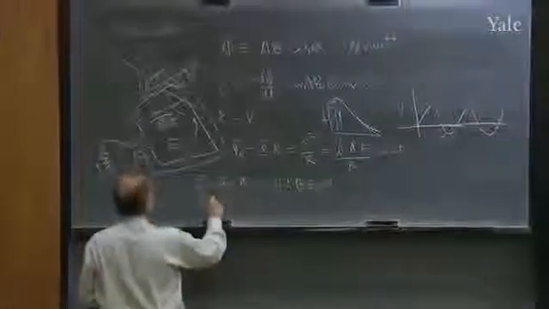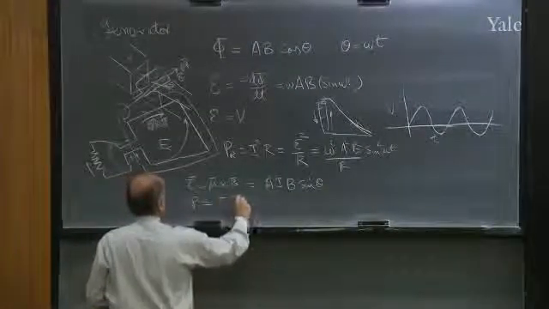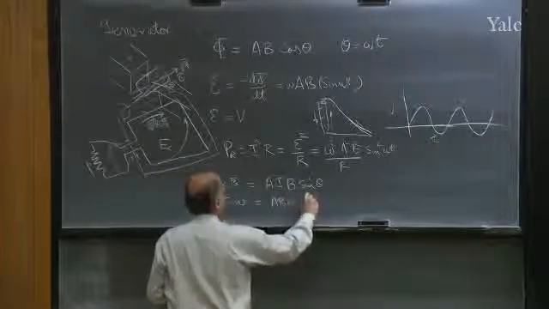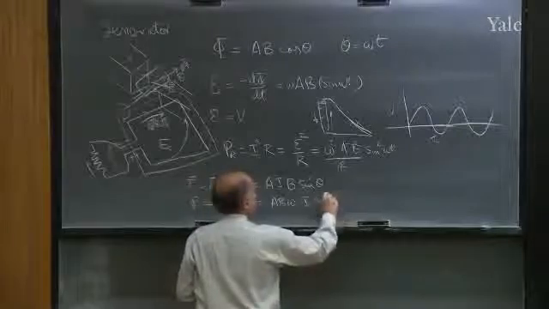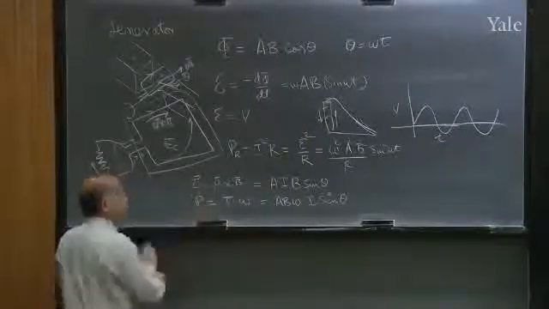And the power, just like power is force times velocity, for rotational motion is torque times angular velocity. That gives me A B omega I sine theta. That's the power, the mechanical power, P sub m.